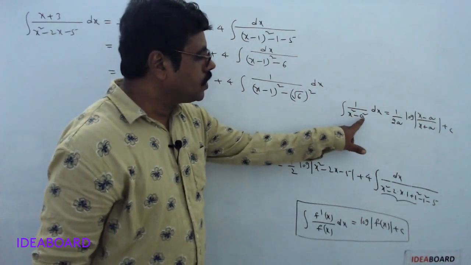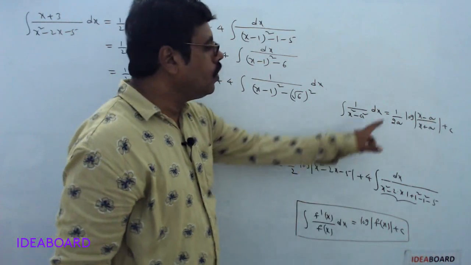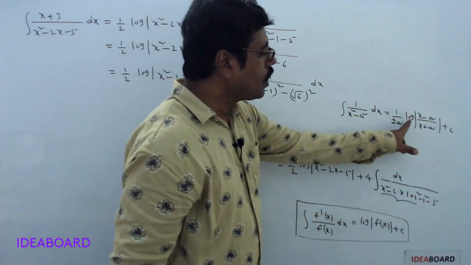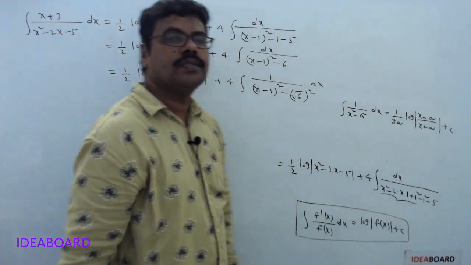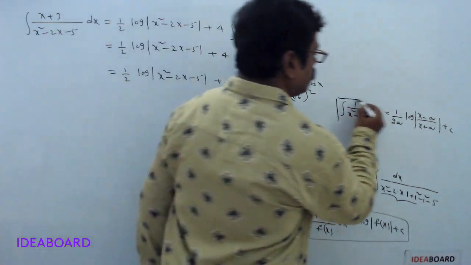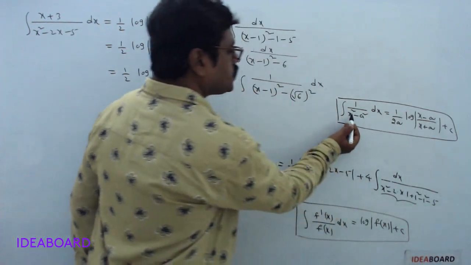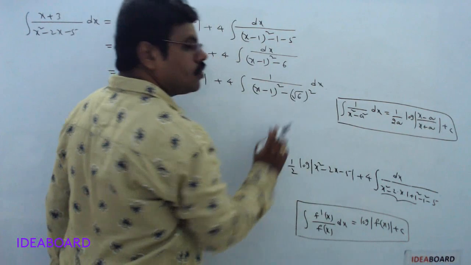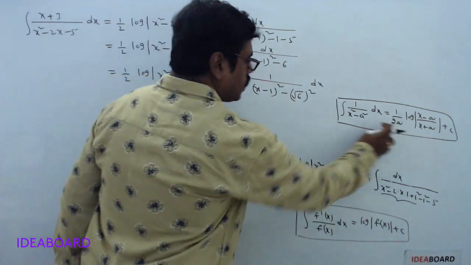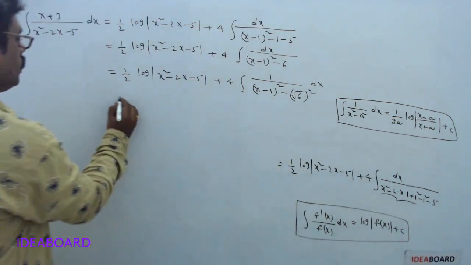Integral 1/(x² − a²) dx equals 1/(2a) × log|(x − a)/(x + a)| plus constant c. Here, in place of x, x − 1 will be there. In place of a, root 6 will be there. So, use this formula on this term.